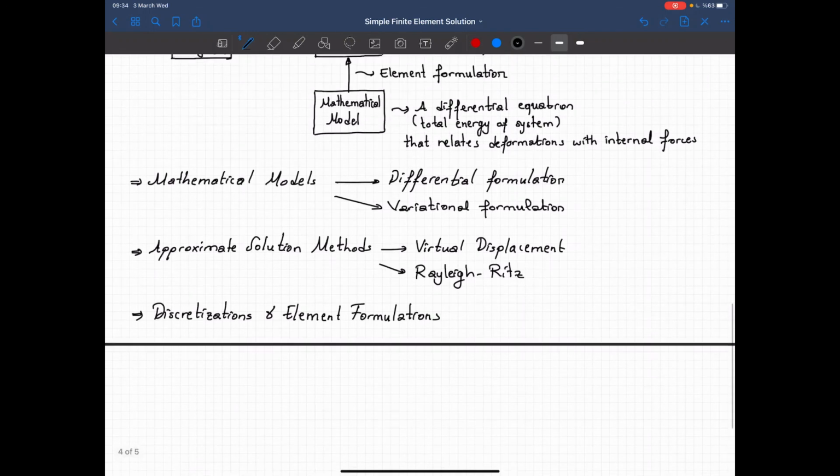So our main focus will be the 1D elements, namely truss, beams, and then 2D elements, membrane, plates, and shells.